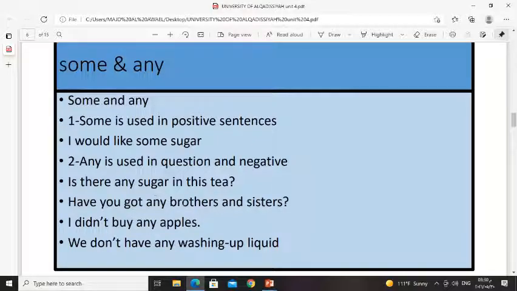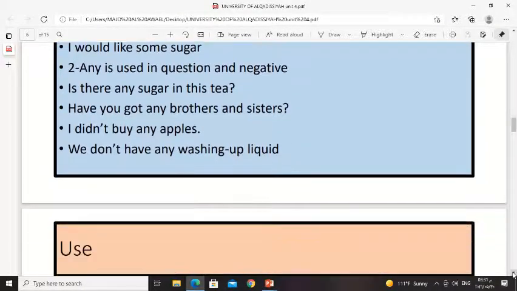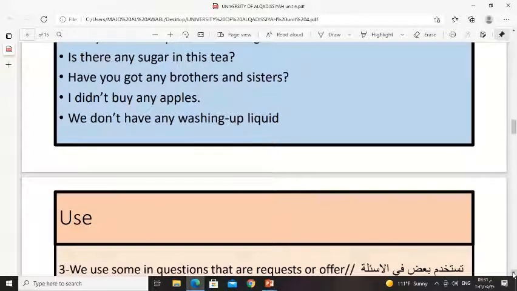This is with a countable noun, but in a question. I didn't buy any apples, with countable and negative any. We don't have any washing up liquid. This is washing up liquid because liquid is an uncountable noun, and negative. You should give attention when you use much, many, some, any, as well as little and few.